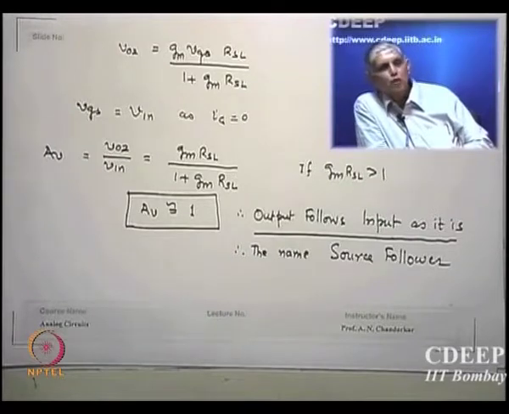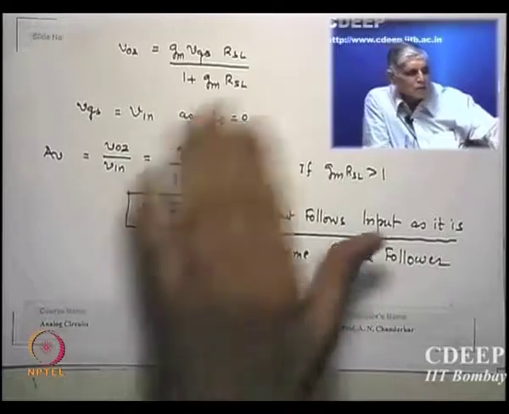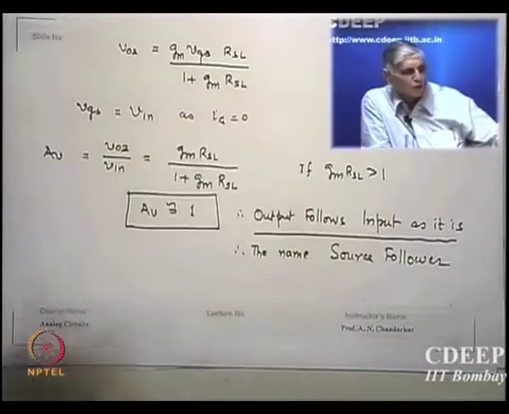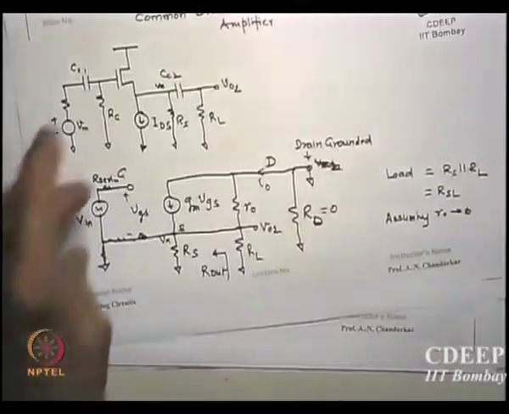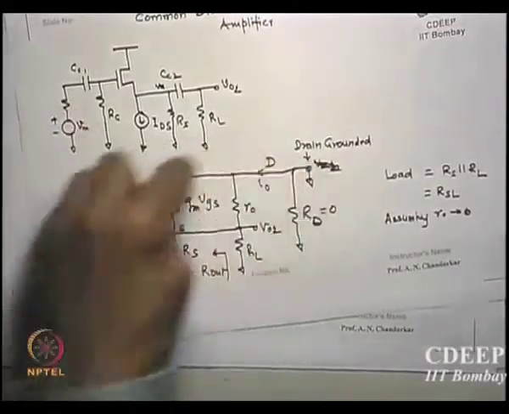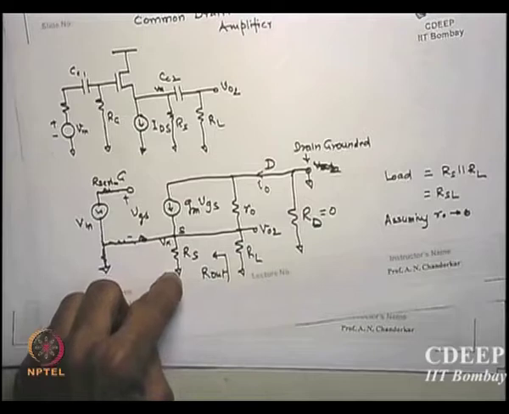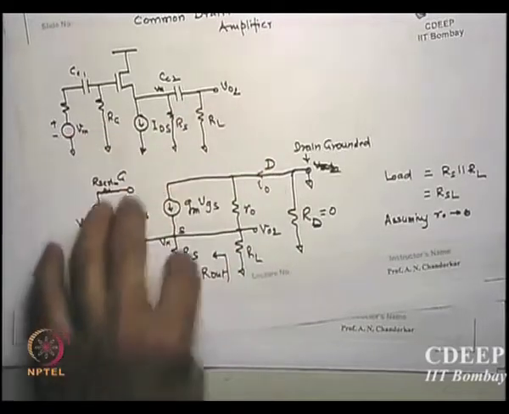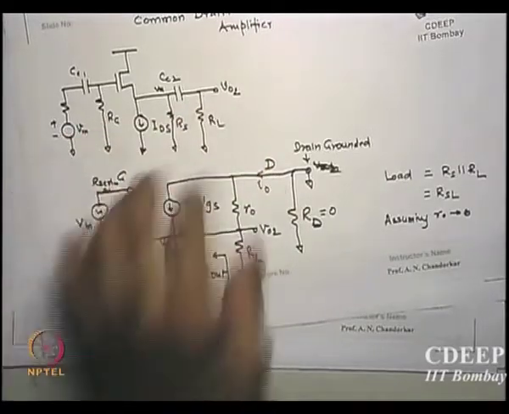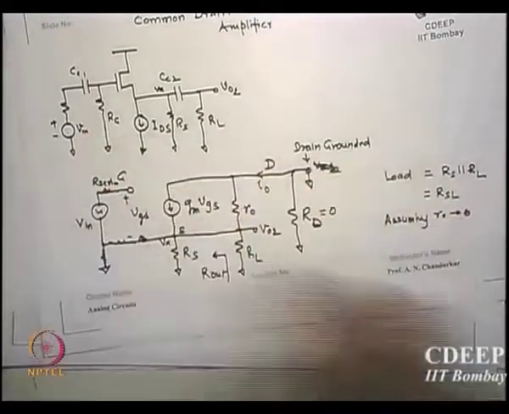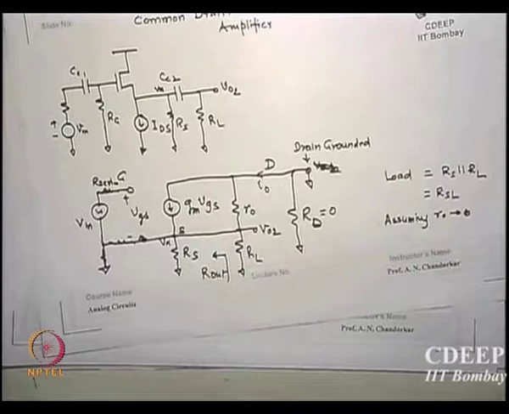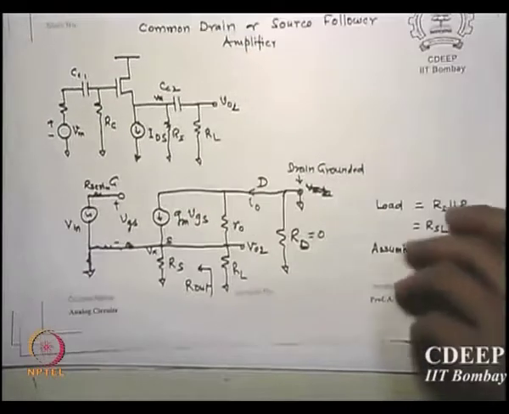This is therefore called a source follower. Is that clear? I am not doing the in-between equations because we did it. Please remember, circuit solving is identical. I0 is only flowing through Rs and RL, and that current is equal to Gm VGS. Just write the equations as we did for common source, and similar equations can be derived.